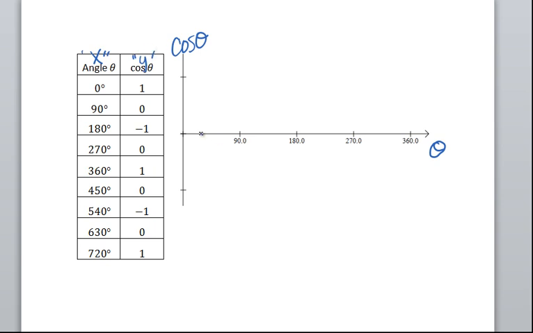And so when theta is 0, my y value is 1, this is 1, and this is negative 1, and this is 0, just so that we're clear, right? At 90 degrees, my y value is 0. At 180 degrees, my y value is negative 1. At 270, my y value is 0. And at 360, my y value is 1.